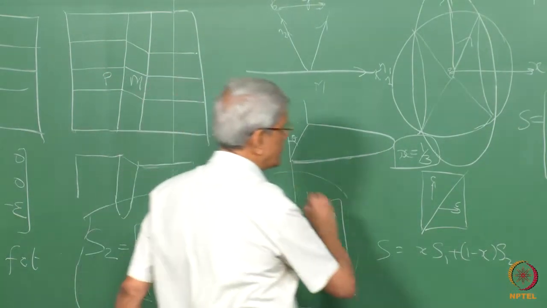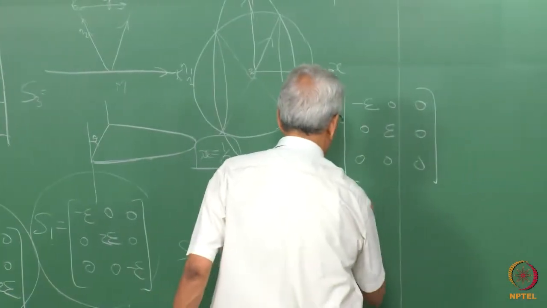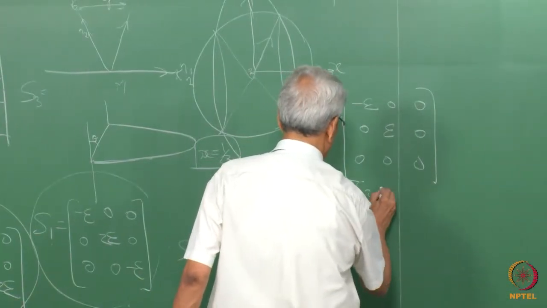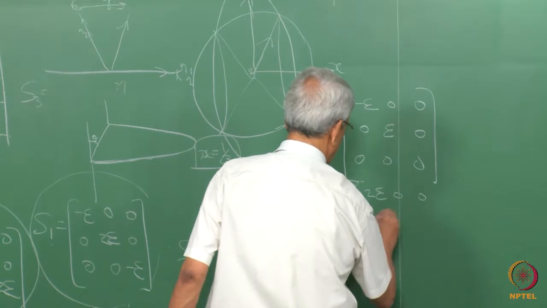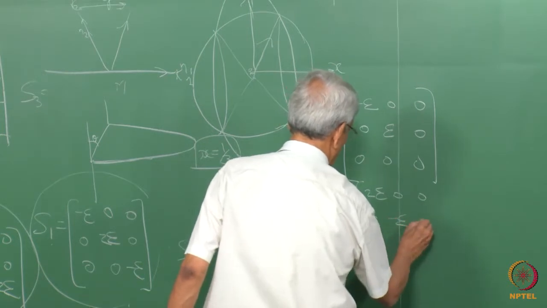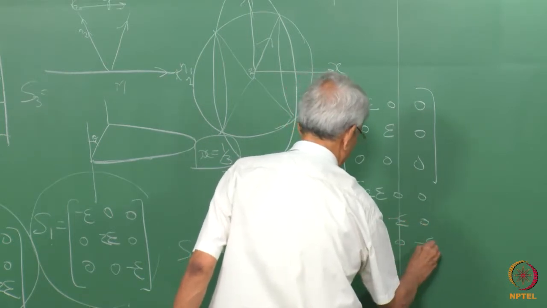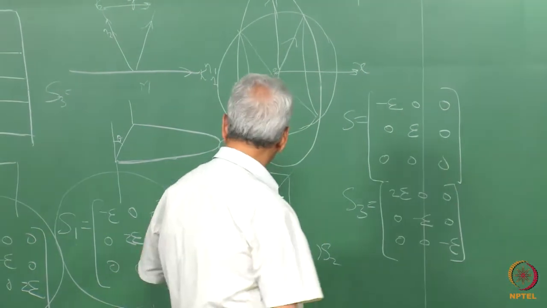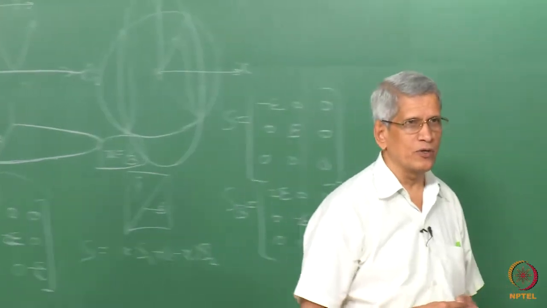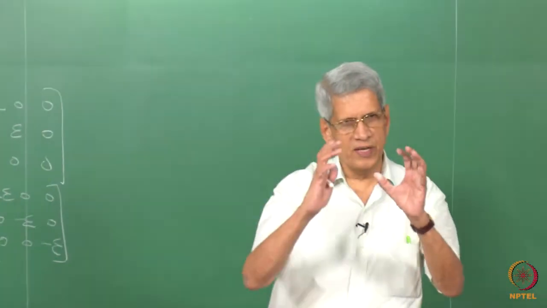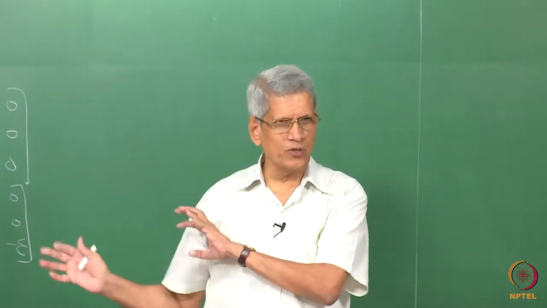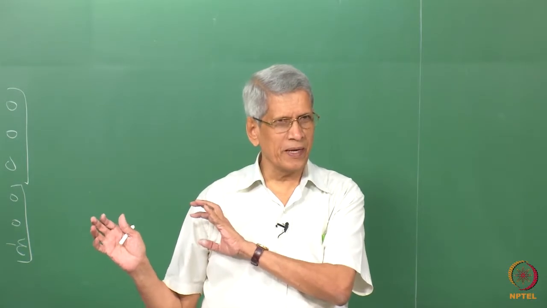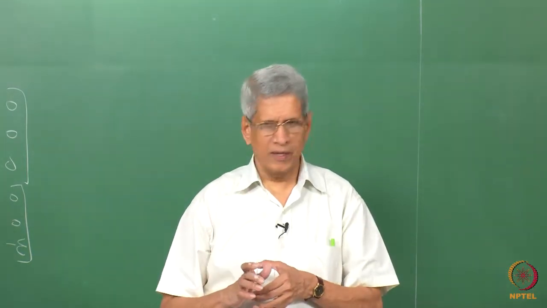In S3, the strain matrix will be as shown. So if we choose the other combinations also, we can find out what is the region which is required between choosing these two variants, so that the strain becomes net 0.